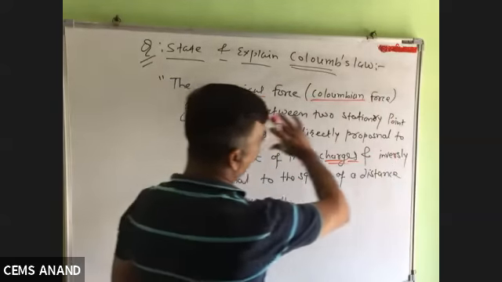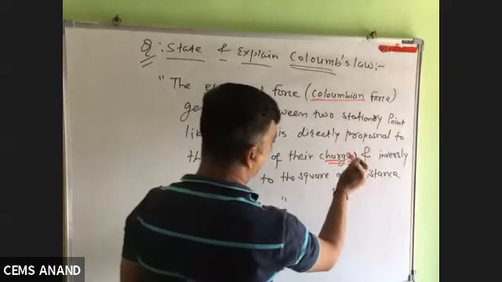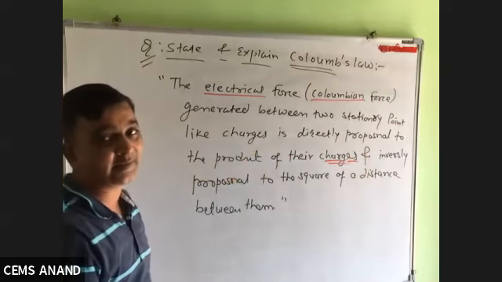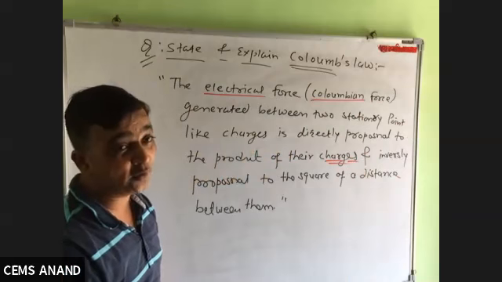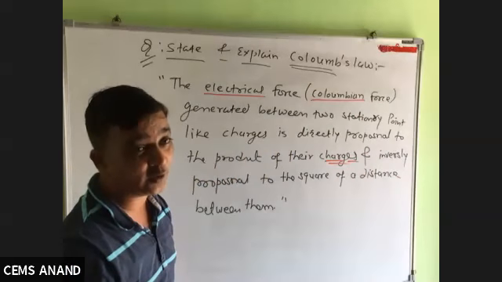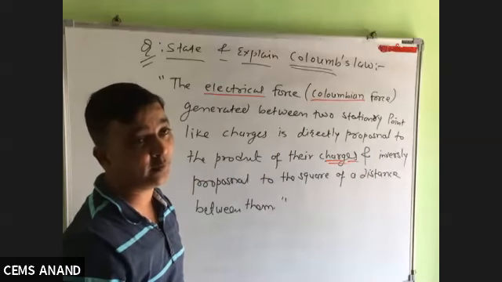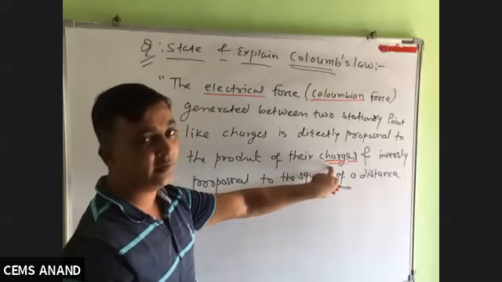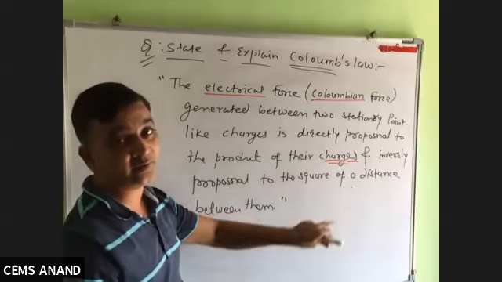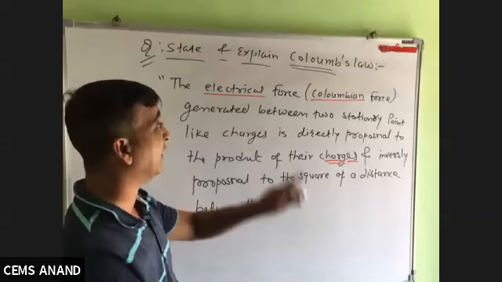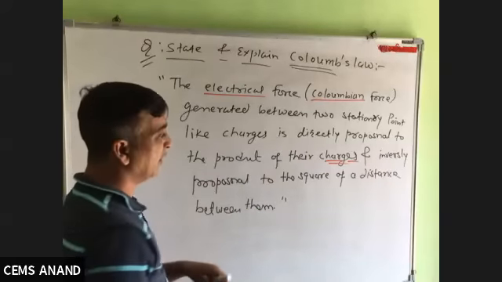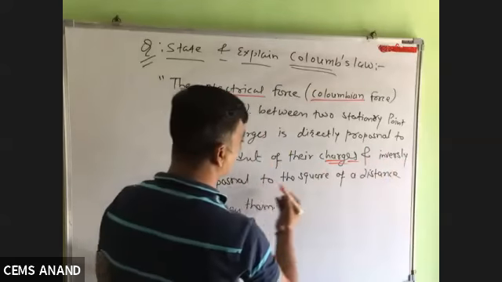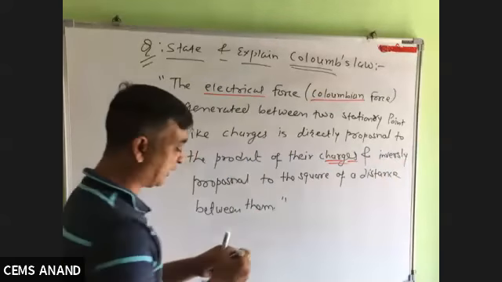All the remaining words are the same, with charges instead of masses. The gravitational force is generated because of mass, the property of the material. But here the property of these particles is charge. They must possess charge, then such a force gets generated. And it is inversely proportional to the square of the distance between them. All the remaining parts are the same.